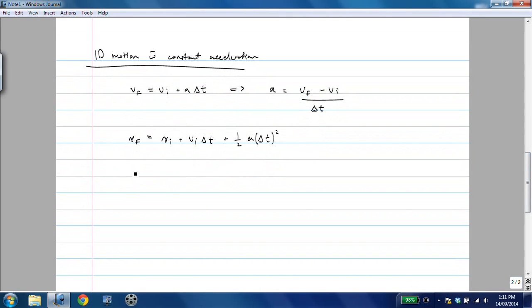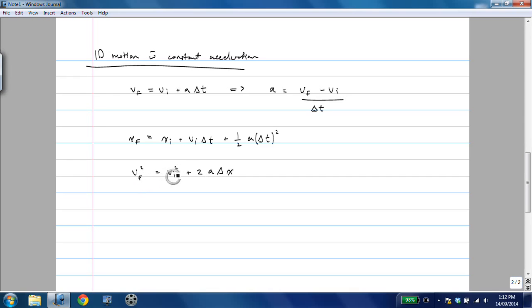The last equation here, if we take v final squared, this equals v initial squared plus 2a delta x. So again, if we're solving for the velocity squared, this will be meters squared per second squared.